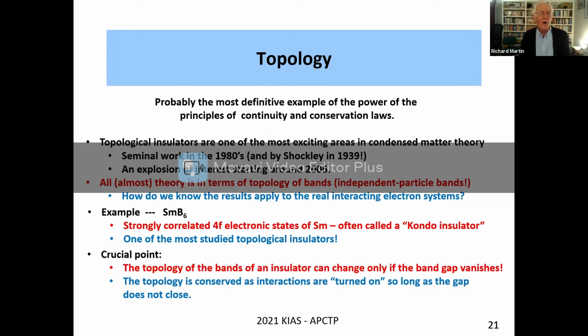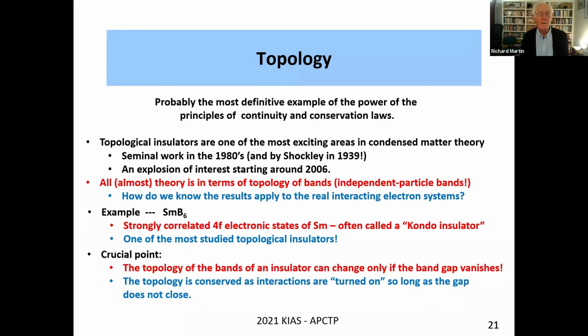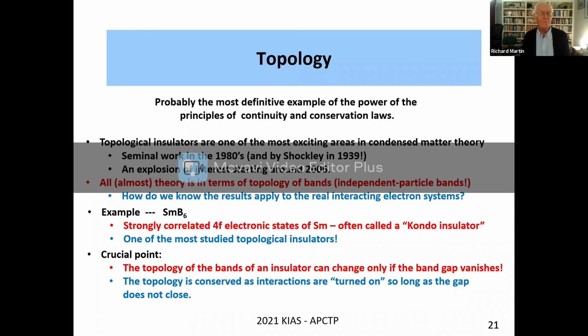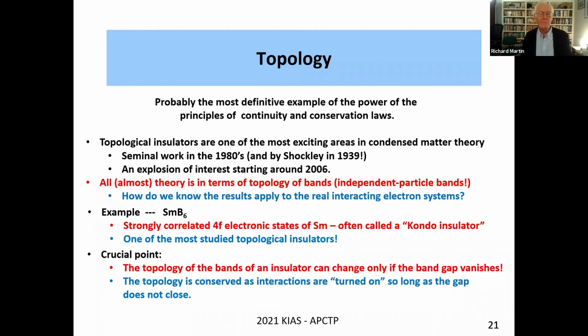All, or almost all, the theory is given in terms of the topology of bands, independent particle bands. So how do we know that the results actually apply to real interacting electron systems? Like, for example, samarium hexaboride. Before topological insulators came along, it was well known that this was a highly correlated material and was sometimes called a Kondo insulator.